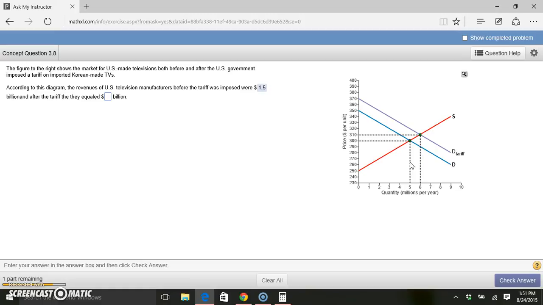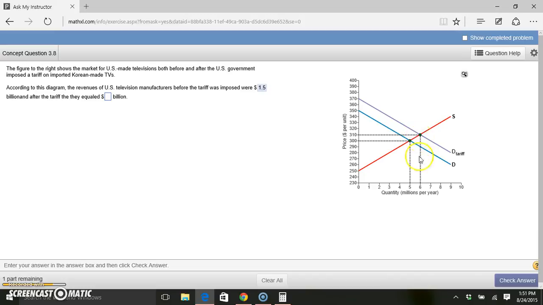And then it asks after the tariff, how much did they sell? So we're going to do the same thing, but this time we use the tariff demand line. So we move out to this new equilibrium here, and we see that now they're selling 6 million per year, and they're selling them for $310.